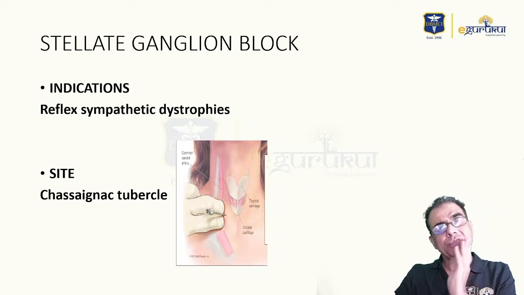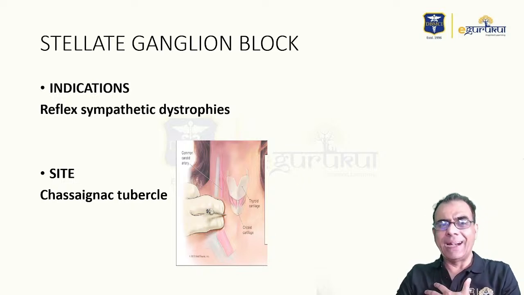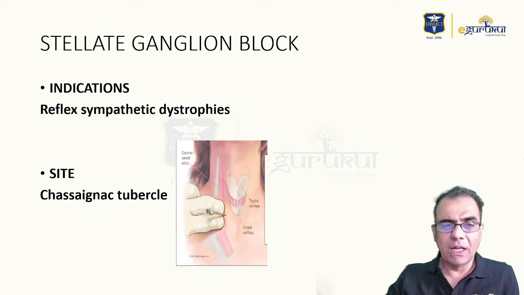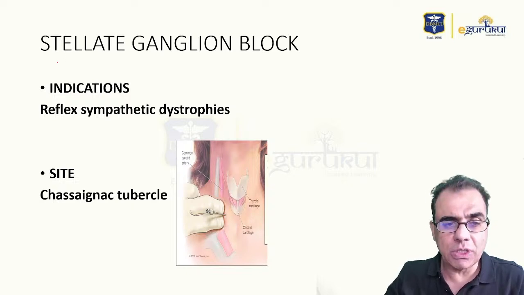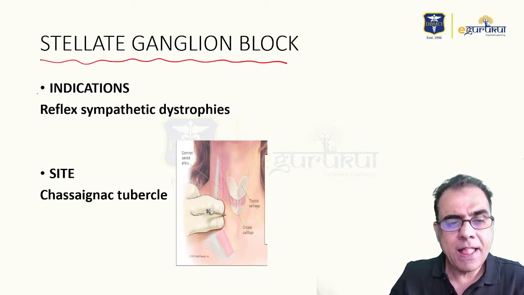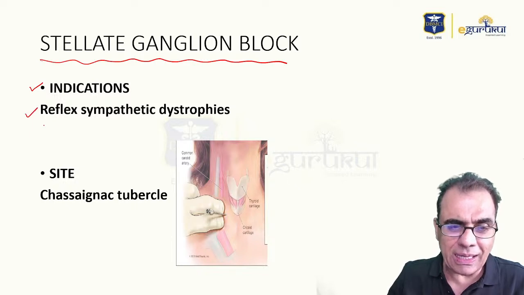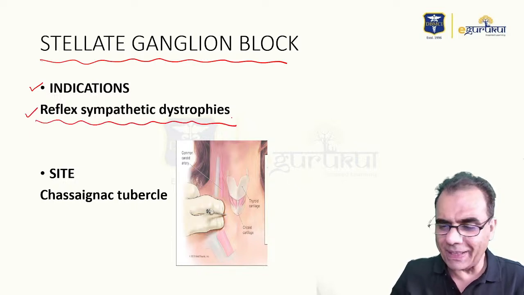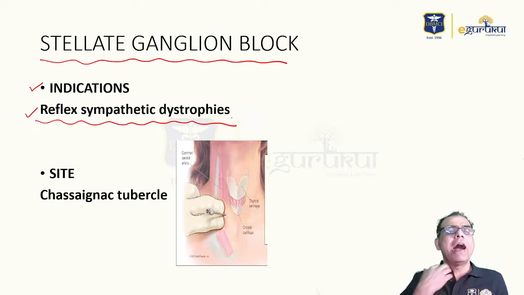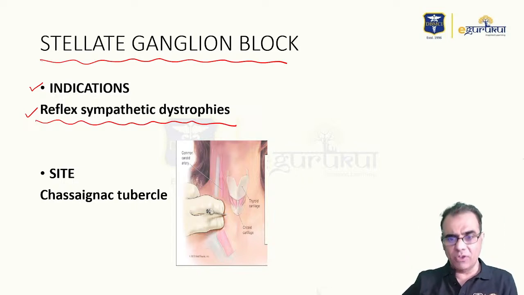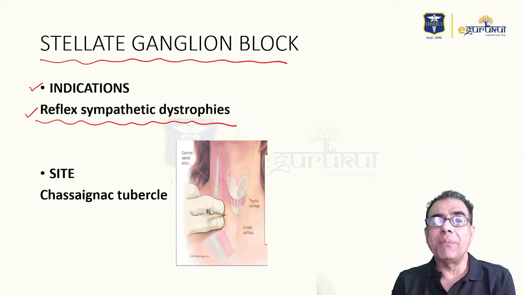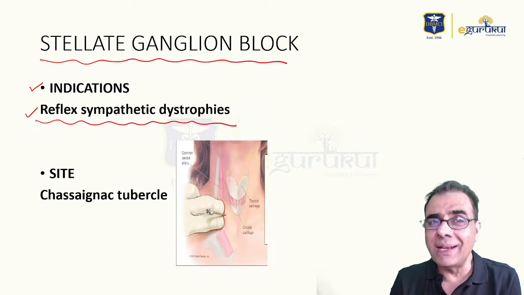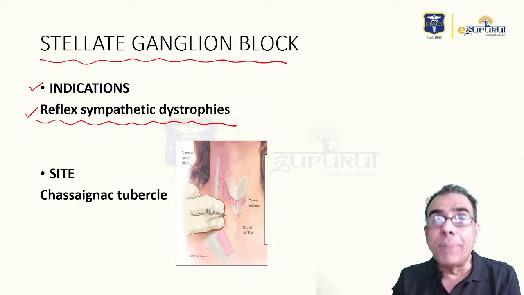Then one more block of the head and neck area, not that commonly given but commonly asked in your MCQs, is the stellate ganglion block. And the stellate ganglion block is given for reflex sympathetic dystrophies of the upper limb. Reflex sympathetic dystrophy, you would have read in your surgery as well as medicine, is a group of diseases mediated by sympathetic overactivity and includes many diseases like Raynaud phenomenon, Raynaud disease, pseudo-Buerger disease.